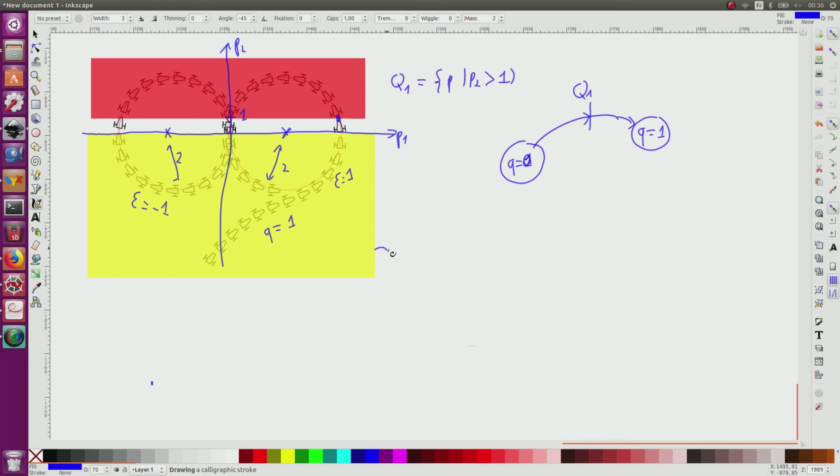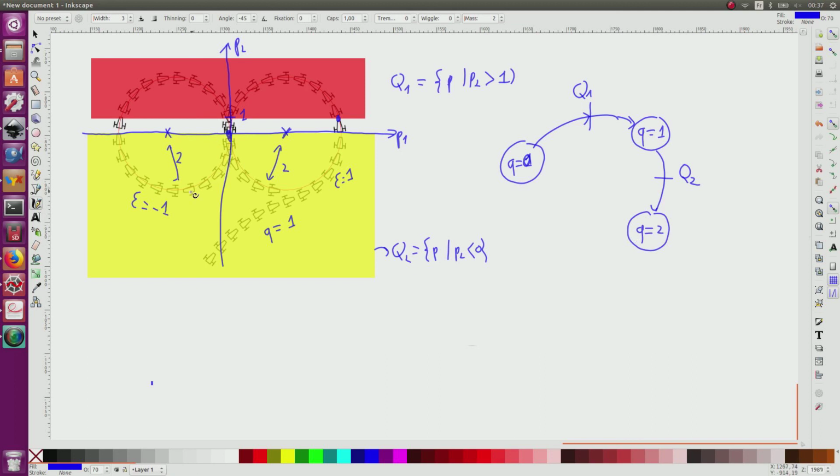The other set, I will call it Q2, and it corresponds to the set of all P such that P2 is negative. So once I am in Q2, I turn like this. Once I am in Q2, it means I am here. Then I will switch to the state to follow the left circle. I will switch to q equal to 2.